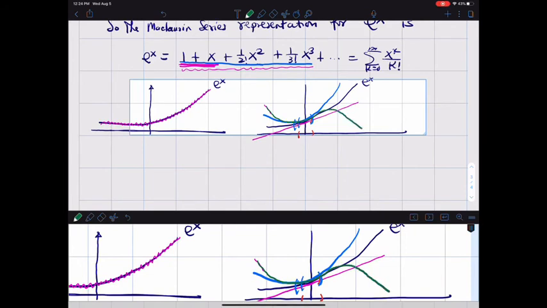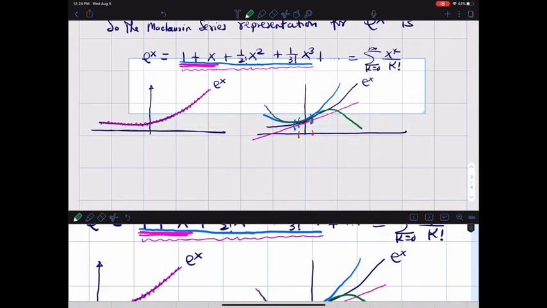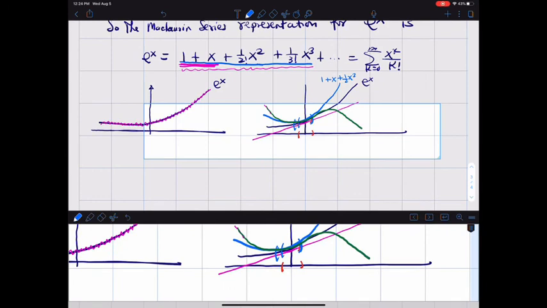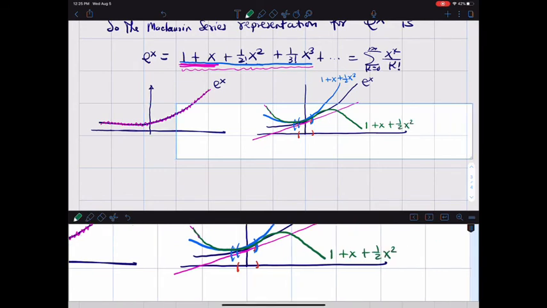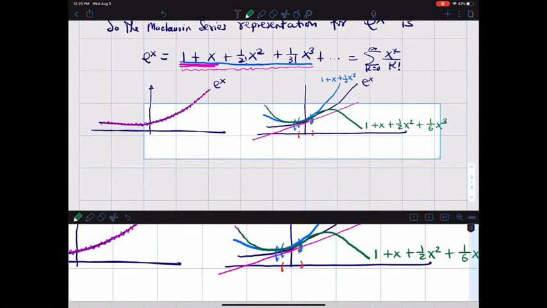This is 1 plus x plus 1 over 2 x squared, and this green one is 1 plus x plus 1 over 2 x squared plus 1 over 6, since 3 factorial is 6, x cubed, etc. So you see that the interval where it's giving you a good approximation is now increasing.